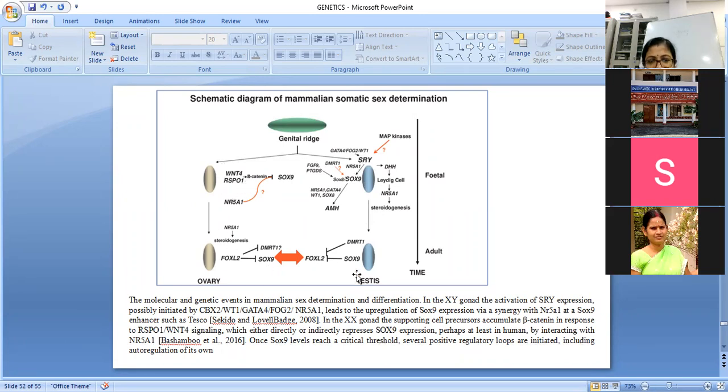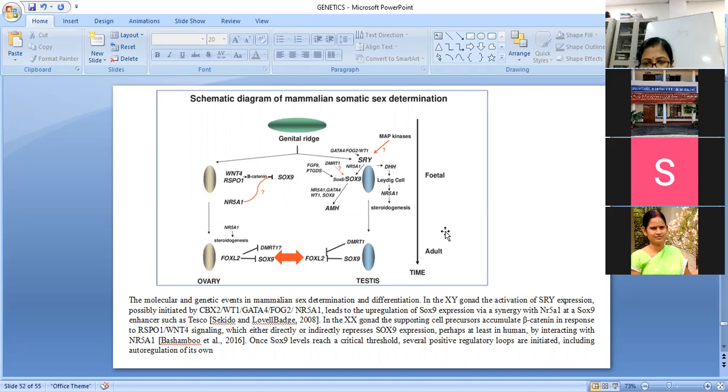This is a cascade which will follow, and finally it will lead to formation of ovary. And these changes will take place from the fetal to the adult life. So we have a cascade of genes, molecular genetic events that result in determination as well as differentiation of sex.